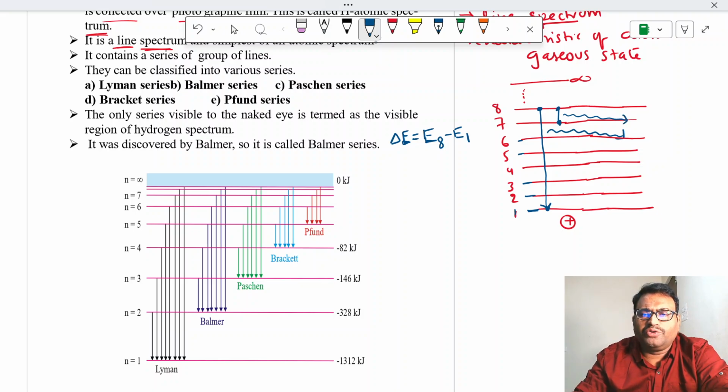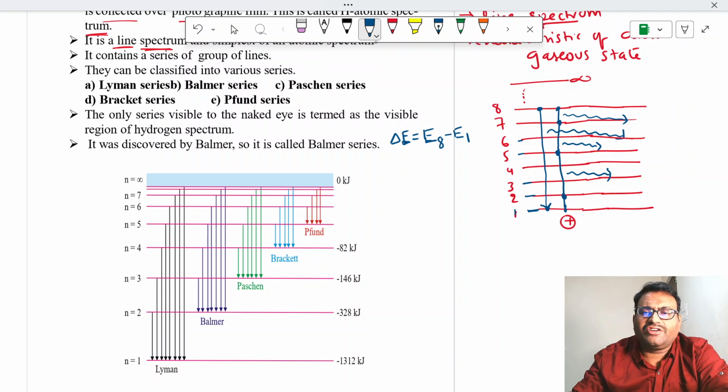From 7 to 5, when it is returning, it releases one spectral line. From 5 to 2, it releases one spectral line. For every de-excitation, it releases one spectral line. From 2 to finally 1.